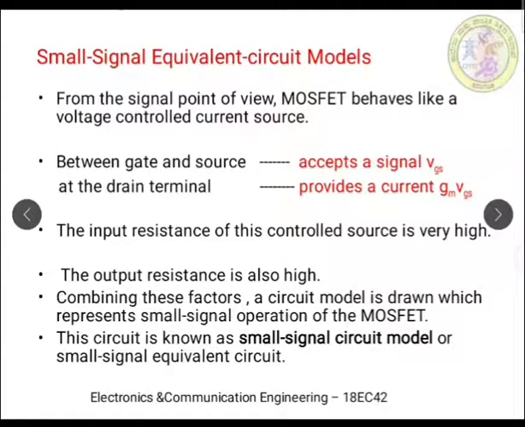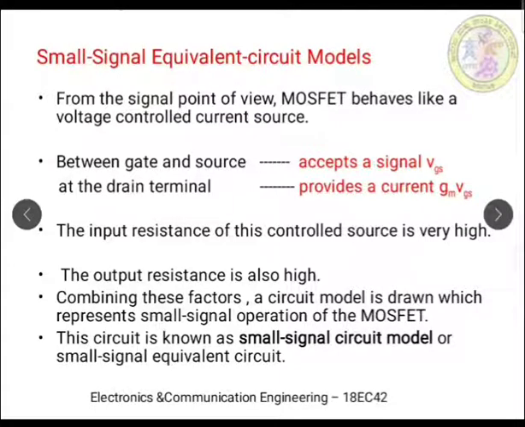Whenever VGS is varied, it varies the drain current also. So the output current available at the drain terminal is directly under the control of the signal voltage applied between gate and source. Thus the MOSFET behaves like a voltage controlled current source: the current at the output terminal varies when the voltage at the input terminal is varied.